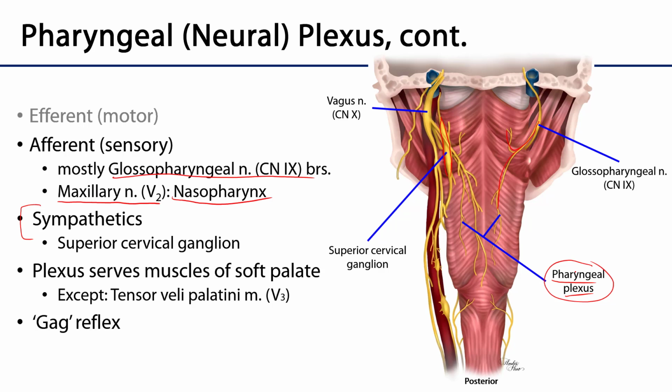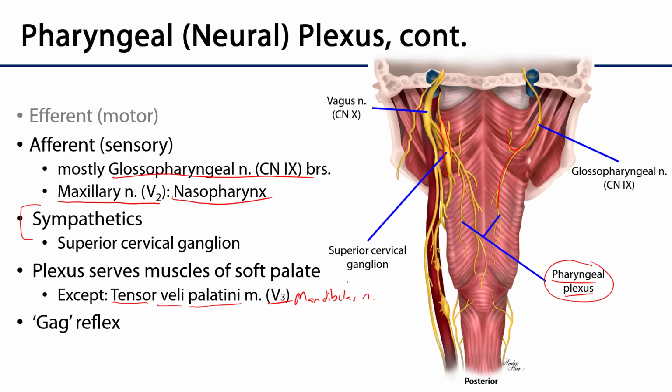So it will serve all of those palatal muscles with the exception of one muscle, tensor veli palatini. Tensor veli palatini is served by a branch of V3, which is the mandibular division of the trigeminal nerve.